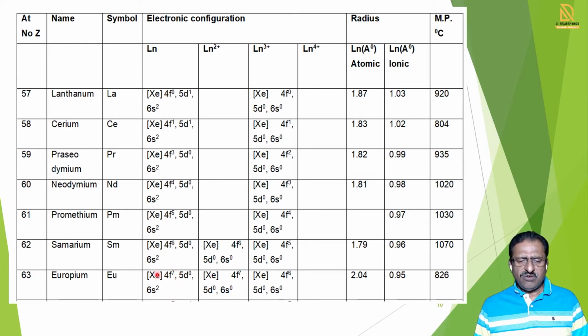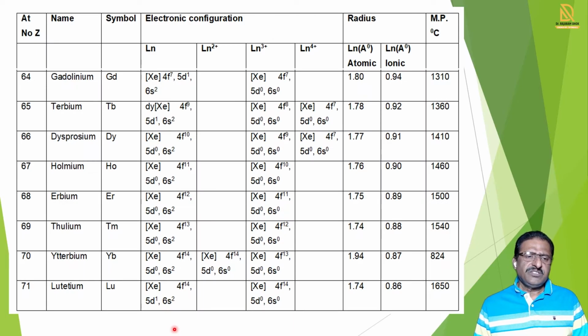So here 7 electrons are filled, and this is called half fill stability. In europium, 7 electrons are filled in the f orbital, so all 7 f orbitals are singly filled, that is called half filled, and they acquire certain stability, called half fill stability.